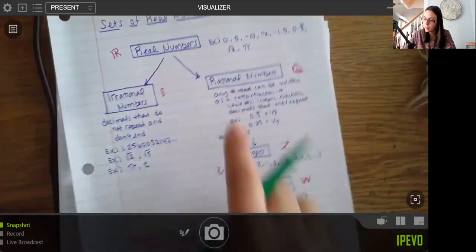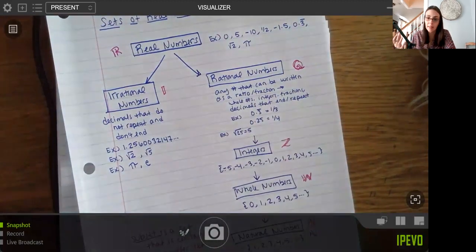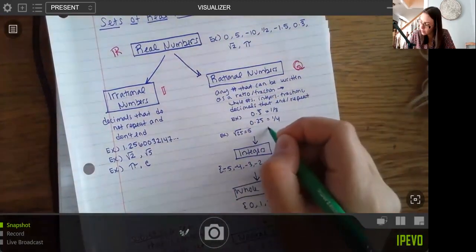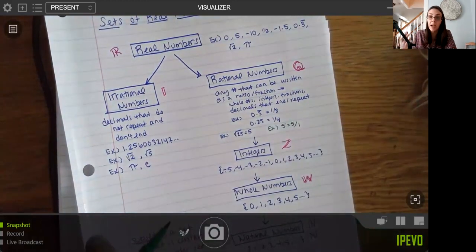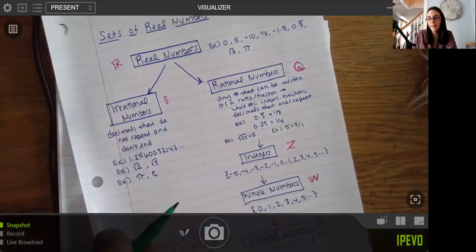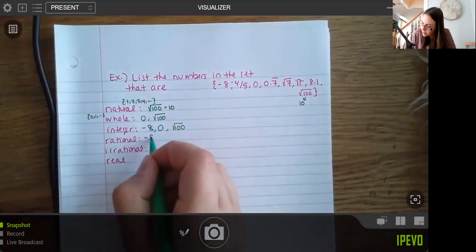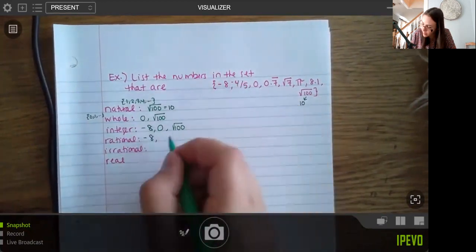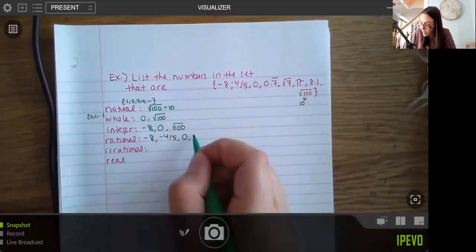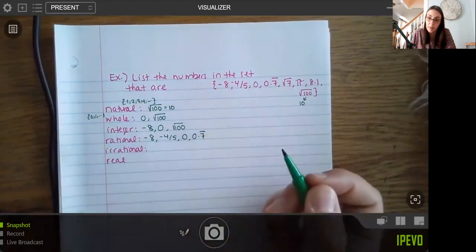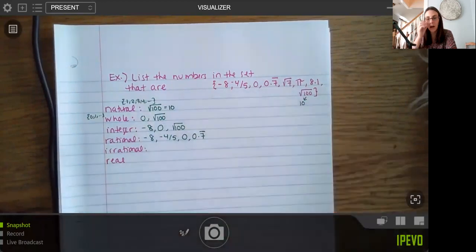Okay. Now our rational numbers, again, you want to be a little bit more careful. So your rational numbers are any number that can be written as a ratio or fraction. So it includes whole numbers automatically because, again, something like 5 is 5/1. That can be written as a fraction. It includes fractions, obviously, and it also includes decimals that end in, or repeat, that have a pattern. So I have -8. Now here is a rational number, right? It's a fraction. 0. Here's a decimal that repeats, so it is a fraction, or it can be a fraction, it's rational. Square root of 7, if I plug that into my calculator, I'm going to see a whole mess.